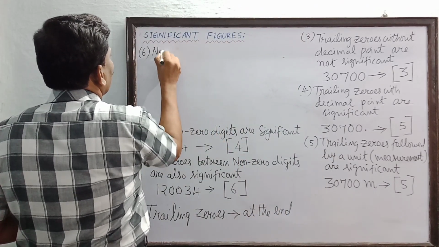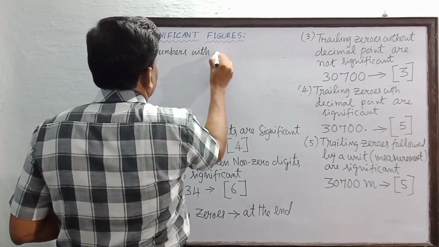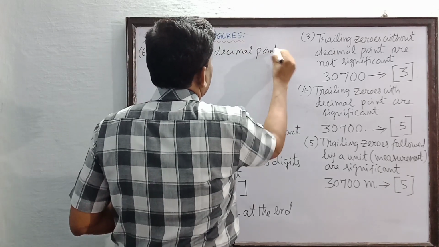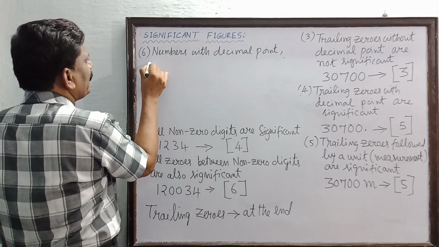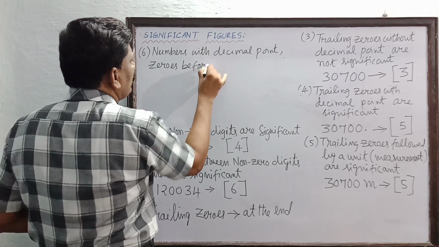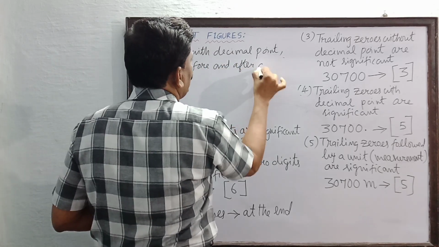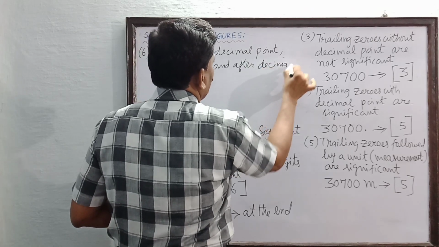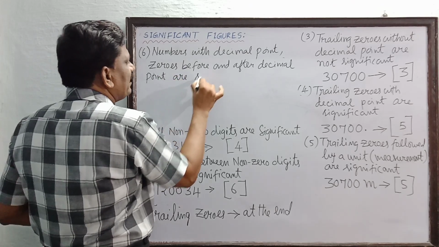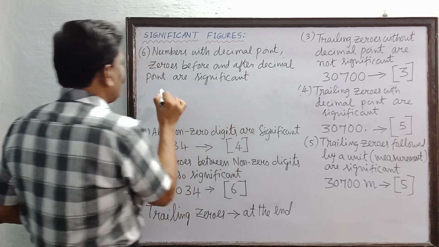In numbers with the decimal point, zeros before and after the decimal point are significant. This is very important. They are all significant.